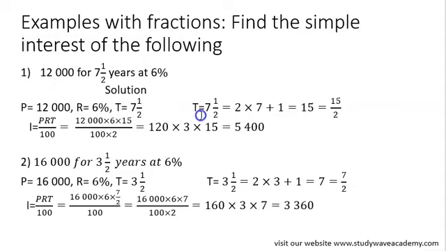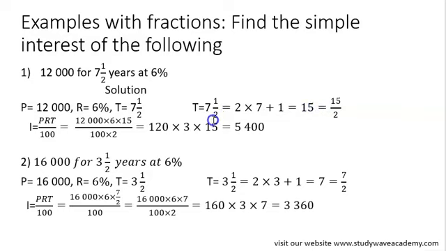We say 2 times 7 plus 1. That is how we convert our mixed fraction to an improper fraction. So 2 times 7 plus 1 gives us 15. So it will be equal to 15 over 2.